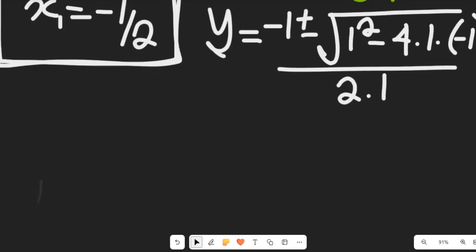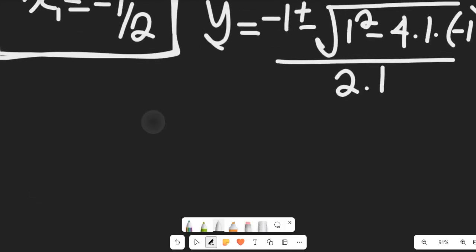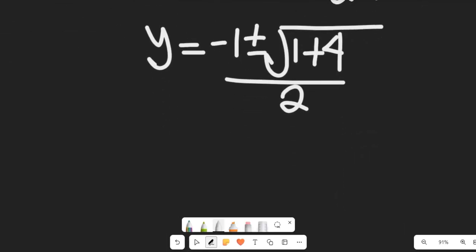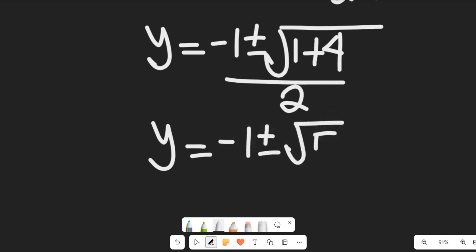So in the next step, y will be equal to negative 1 plus or minus square root of 1 minus times minus will give us plus. So that will be plus 4 times 1, which is 4. So we'll have this divided by 2. So what do we have here? We have y equal to negative 1 plus or minus square root of 5 divided by 2.